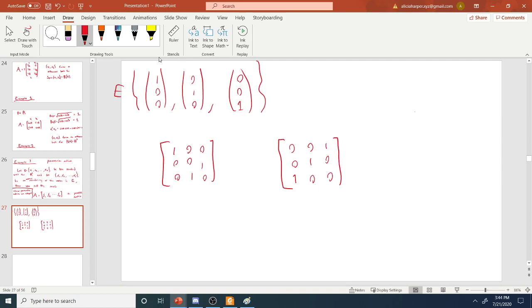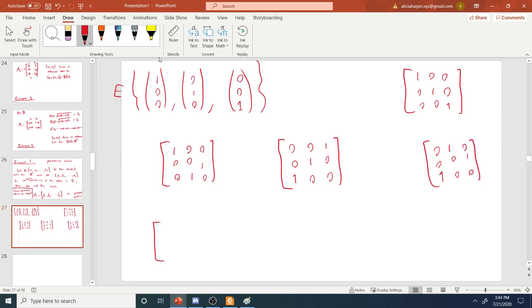Or we could leave them all alone and we get the matrix 1, 0, 0, 0, 1, 0, 0, 0, 1. We could also get the matrix 0, 0, 1, 1, 0, 0, 0, 1, 0.